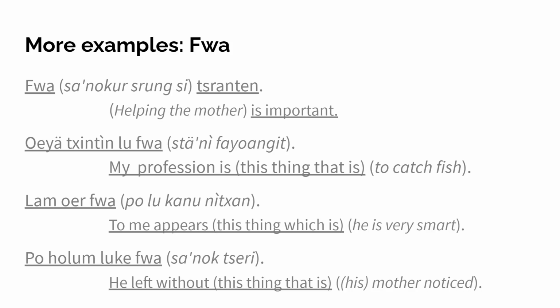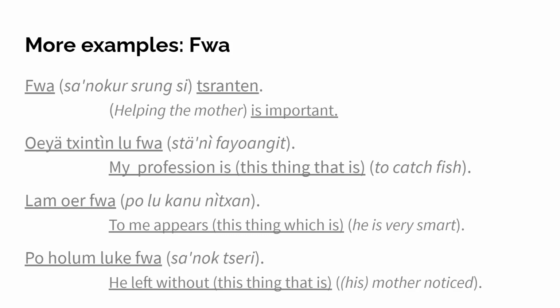So in all these cases, the foi replaces a subject noun. So for example, the first sentence, foi satnokur srungsi tranten. I could also say something like satnok tranten. The mother is important. So tranten has a noun slot for a noun without a case. And if we want to replace that caseless noun with a whole clause, like helping the mother, then we just use foi to put that clause onto it and get it into the sentence, into the noun slot. Same for wayet intin lu foi stetni fayoangit.